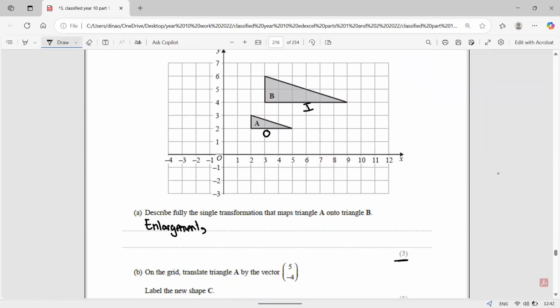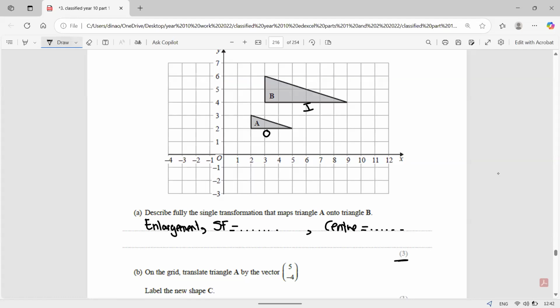As we did in the drawing, could we draw without the scale factor? Without the center? No. The complete package of enlargement is scale factor and center. You cannot draw without them. You cannot describe without them. It means that I must find the scale factor and I must find the center.